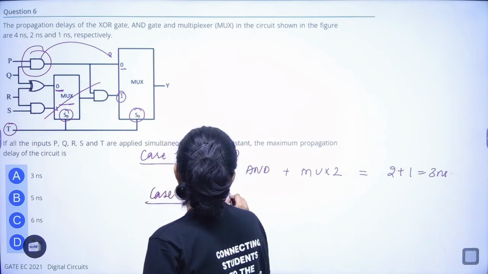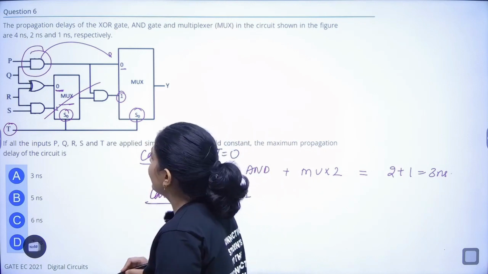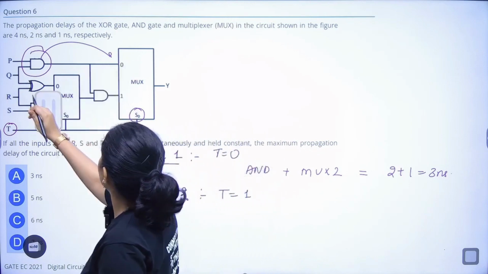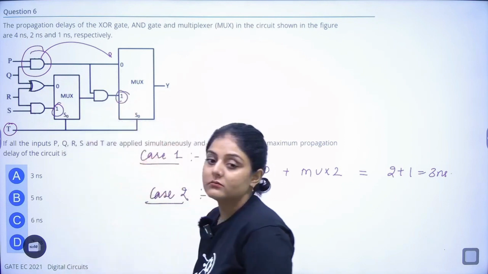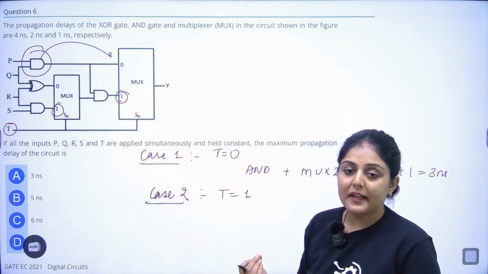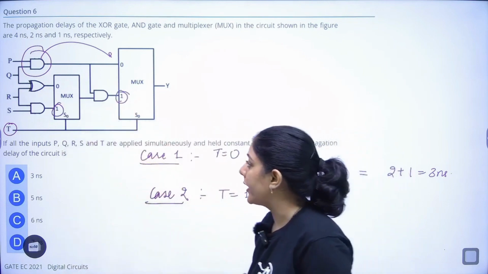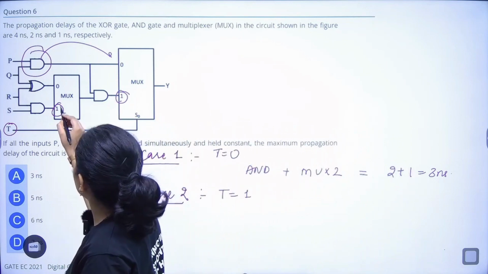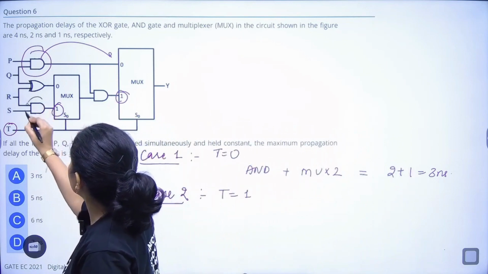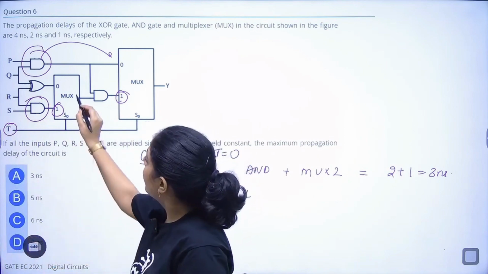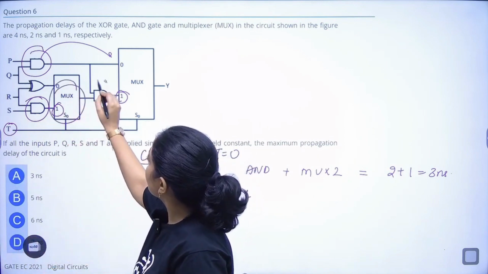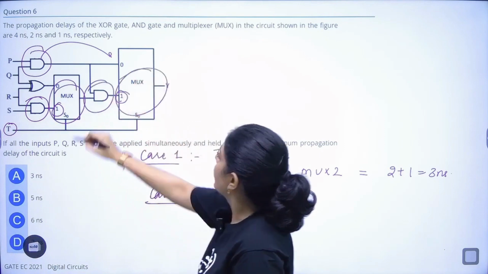When T is equal to 1, it will be taking input 1, whatever input we are giving at 1. So this is what we will be taking into the picture, this and this.